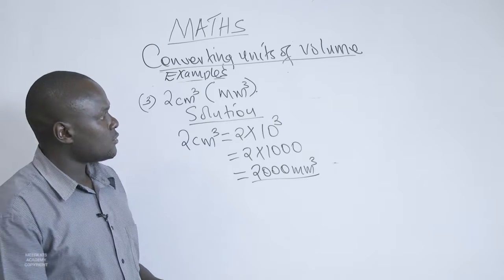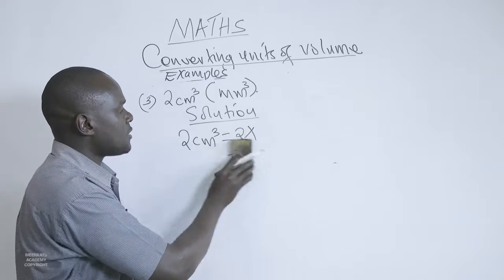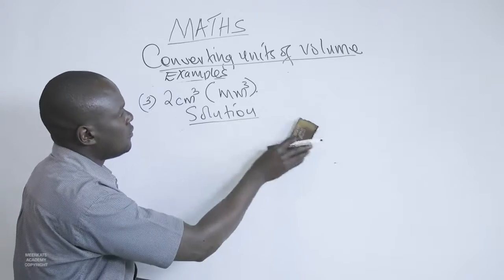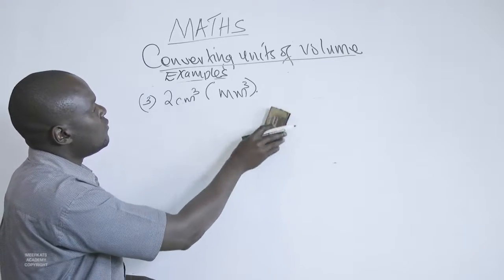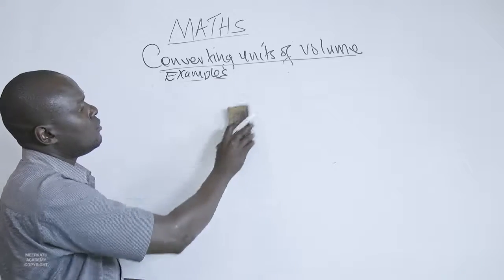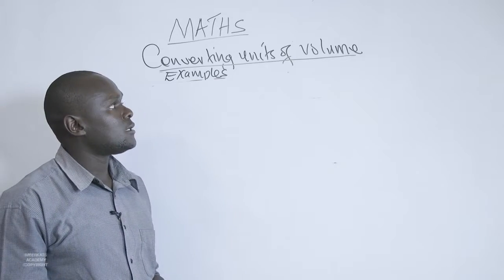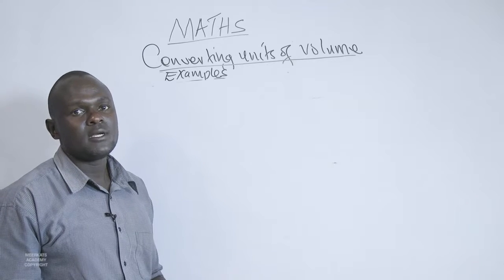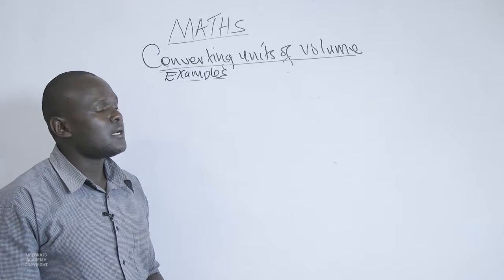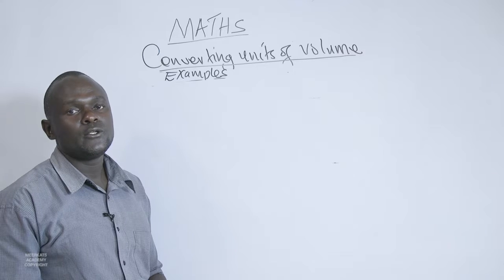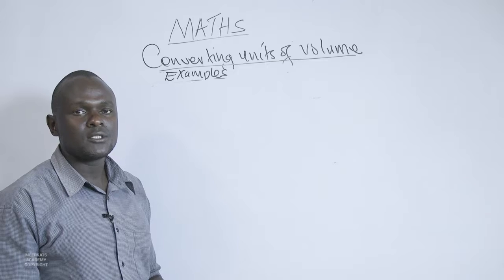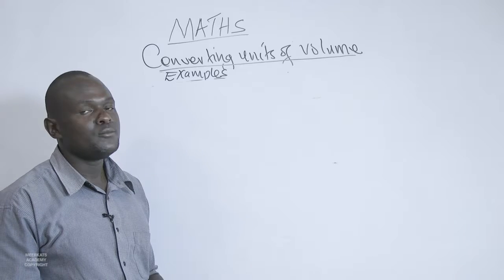So having looked at all these examples, where we have been looking at conversion of units of volume, we started by saying that some basic units of volume are cubic kilometers, cubic meters, cubic centimeters, and cubic millimeters.